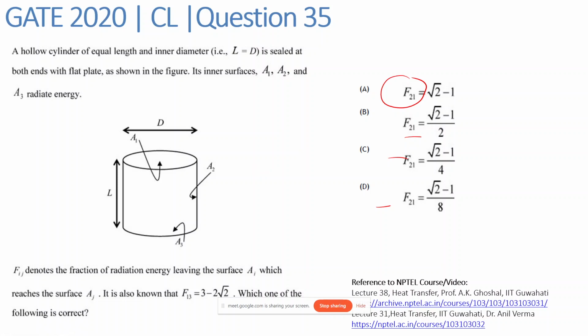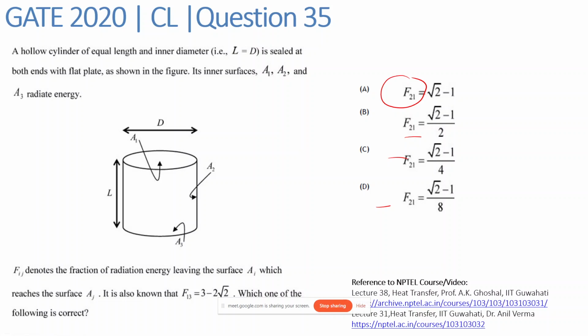That is, F11 plus F12 plus F13 up to F1n equals 1, where F11 is the radiation energy emitted by surface 1 which is again incident on surface 1. Similarly, F12 is the amount of energy leaving surface A1 which reaches surface A2.